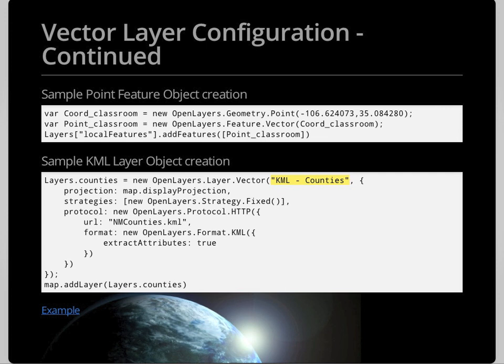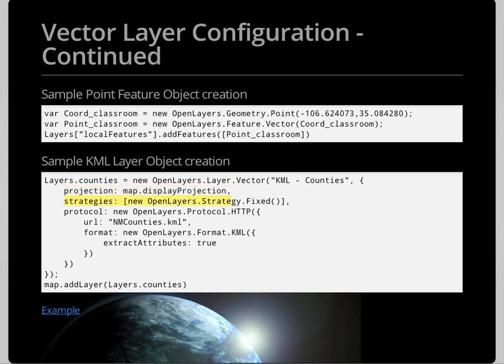And then I'm defining the options for that layer, where those options are contained within this set of curly brackets here and include the definition of the projection, which in this case is being set to the same value as the display projection of the map object. So we can just set it to the same as the map object.